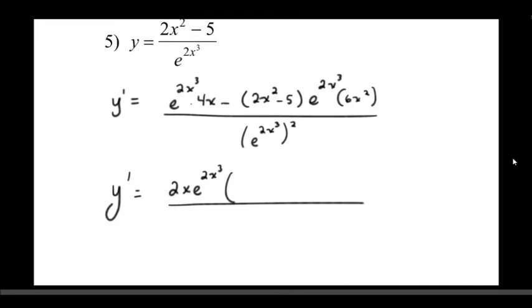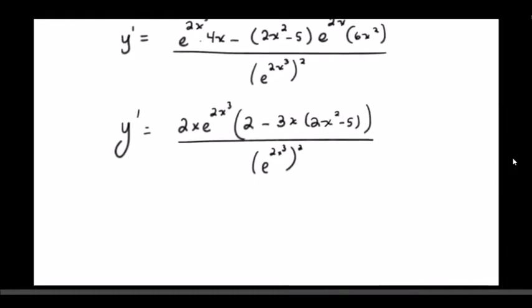That's going to leave a 2 from the left side from that 4 right there. And then it leaves an x here and a 3 there. So it's going to leave a 3x and then the 2x squared minus 5 all over e to the 2x cubed squared.